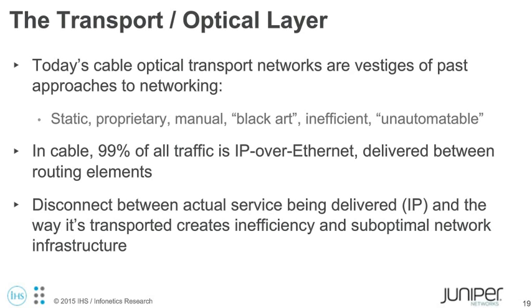And even those services that require optical wave, you could argue, could be moved to packet fairly reasonably. But it's this disconnect between the packet guy and the transport guy that creates a lot of inefficiencies in cable. We have a guy that owns the glass in the ground, a guy that owns the wavelength on the glass, a guy that owns the packet on the wavelength, and someone else that owns the application in the packet. All of that can be reconciled and made more efficient through some new modern techniques.